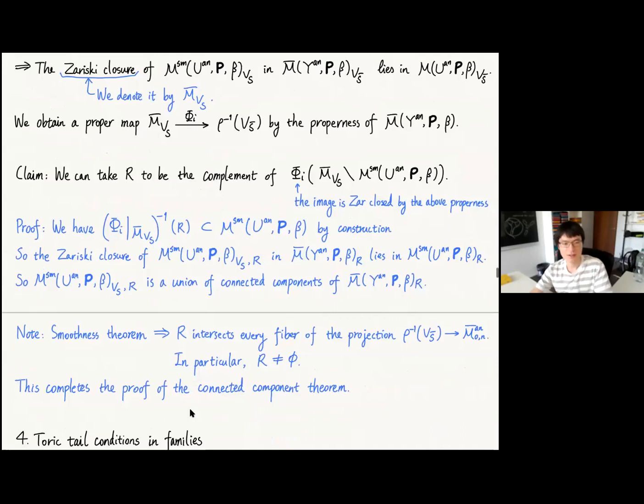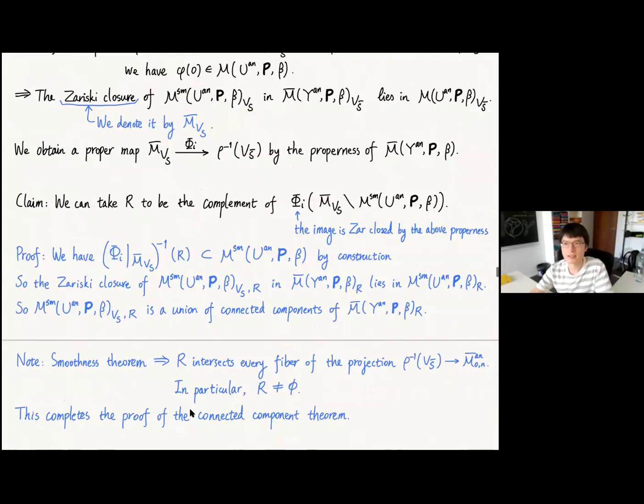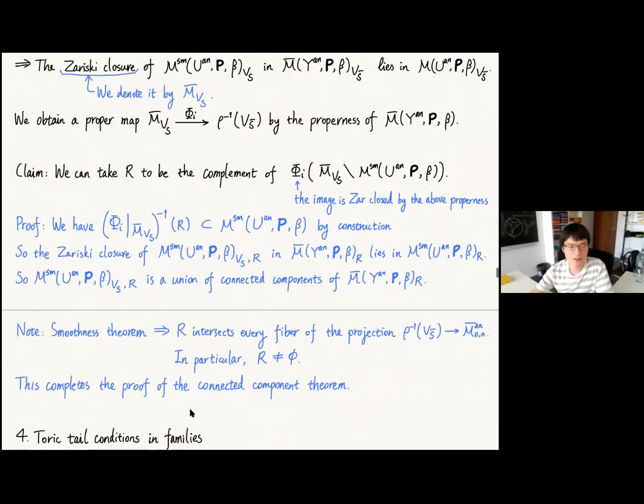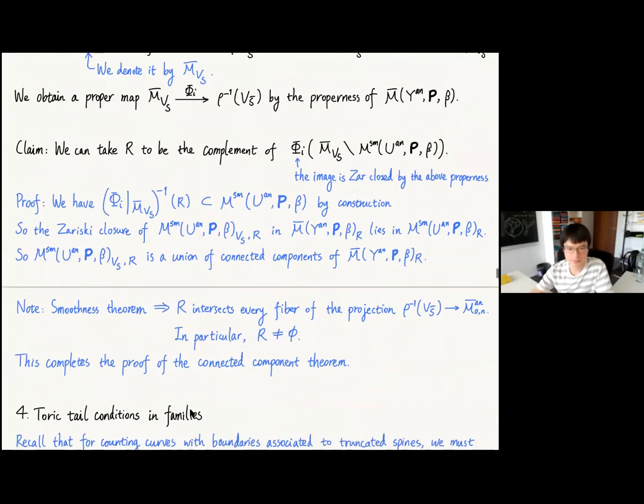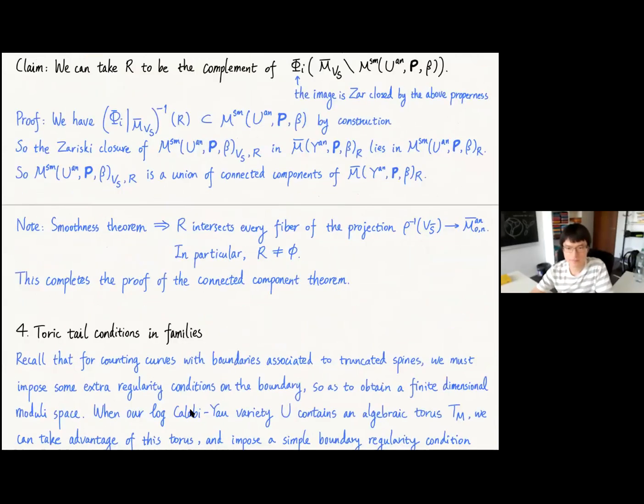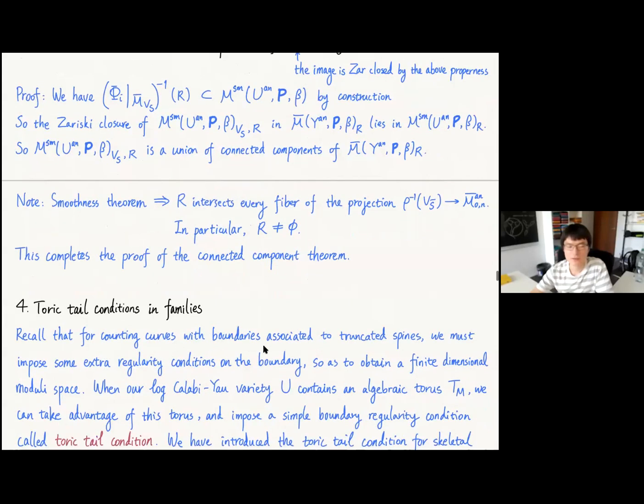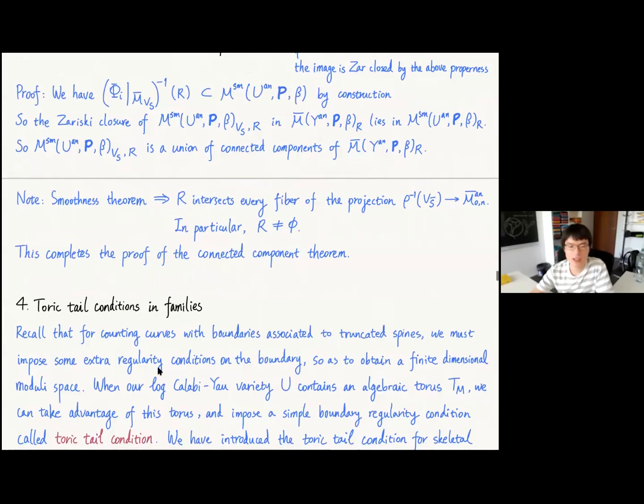So let's go to the next section, toric tail conditions in families. Recall that for counting curves with boundaries associated to truncated spines, we must impose some extra regularity conditions on the boundary, so as to obtain a finite dimensional moduli space.